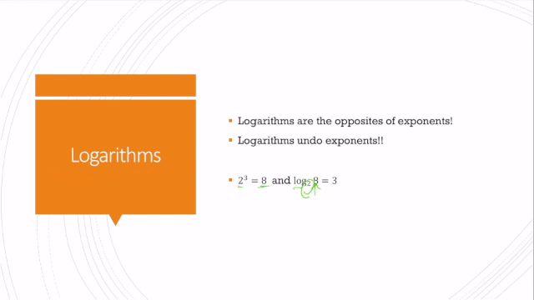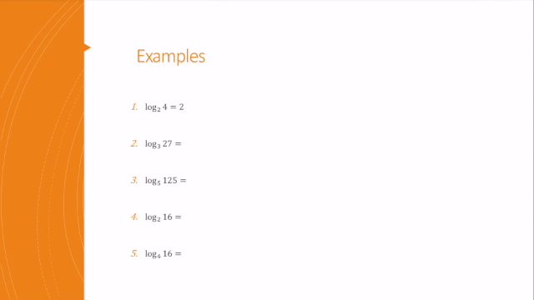So let's work through a few examples of these, because this is a new concept and it's going to take us a minute to get there. This first question I've already done, and it's saying, what power do I raise 2 to in order to get 4?